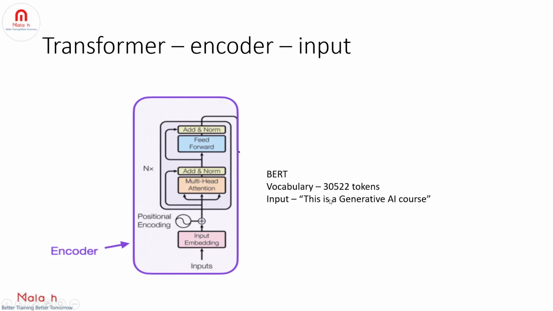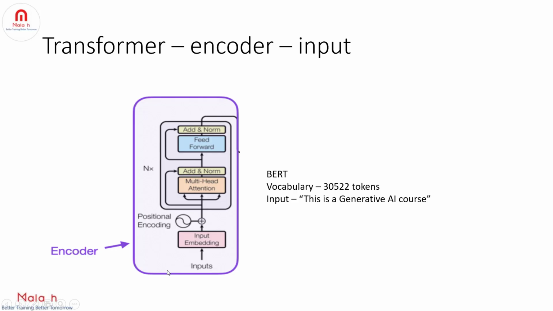But these 30,522 unique tokens are the most common English words. We may have happiness in the list, but the model is intelligent enough to understand the opposite word of happiness is unhappiness, even if unhappiness is not present in these 30,522 tokens, right?